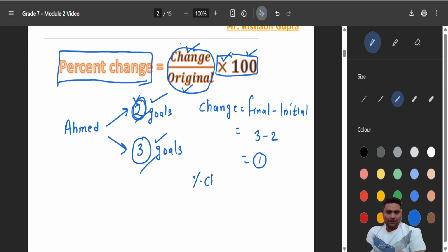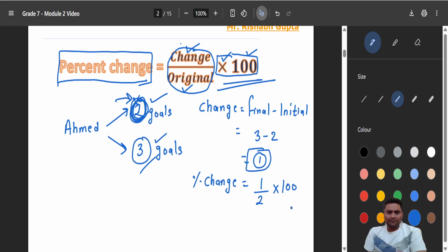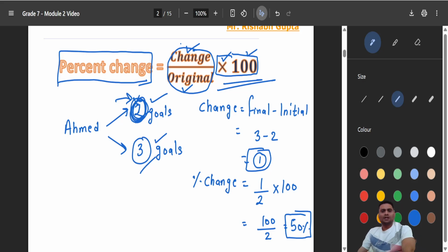The change is 1, he made one extra goal. Originally he scored 2 goals, so this is my original value. Now this is my number. If I want to change it into percentage, I multiply by 100. 1 times 100 is 100, divided by 2, which is 50. So 50% change. This is the answer.